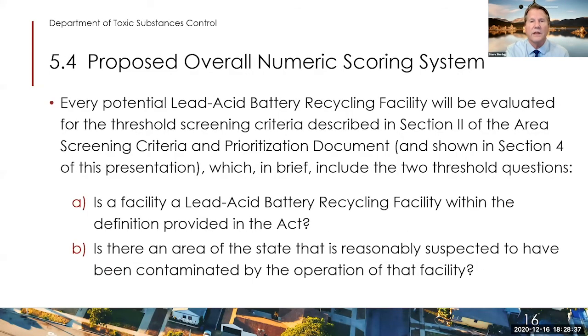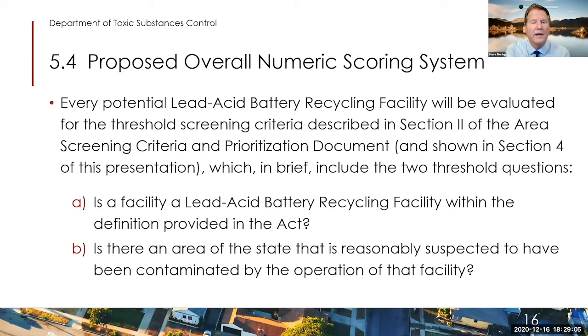Now on slide 16, I will begin to present how DTSC's LABRIC program will calculate an area's overall numeric score. As previously discussed, every potential lead acid battery recycling facility is first evaluated against the two primary threshold questions, which again are: 1, is or has a facility been a lead acid battery recycling facility?